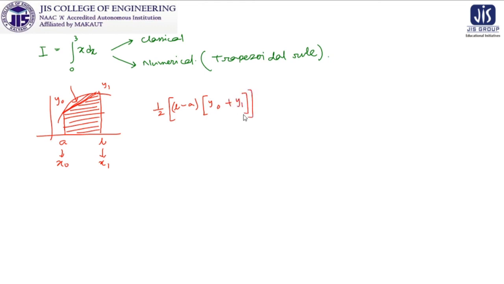So you get half, where b minus a is the gap h, then y0 plus y1.